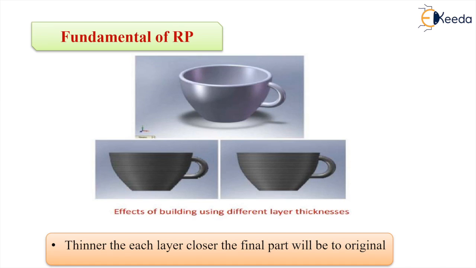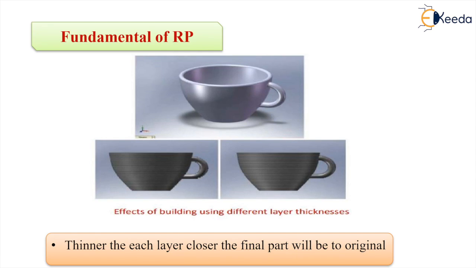The only thing is that we have to understand what accuracy, what material properties or mechanical properties, what post processing is needed, and how quickly we can make the part in this AM system.